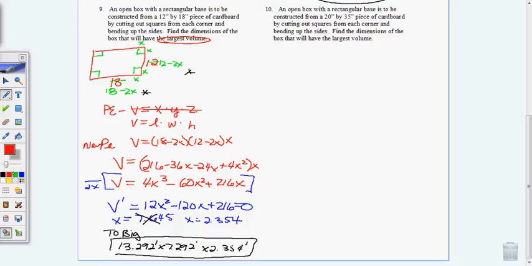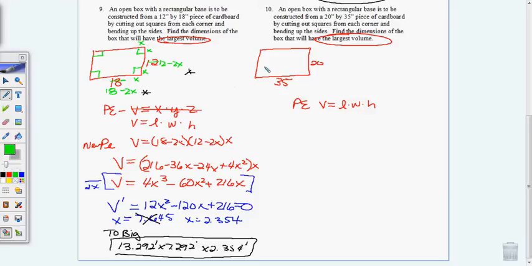So on to the last one on this page. It has a rectangle, and on this rectangle the 35 is the larger side, the 20 is the smaller side, and they ask me to find the largest volume. So again, my primary equation is volume equals length times width times height.